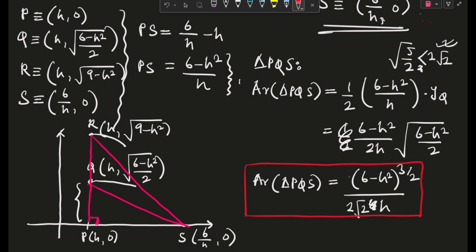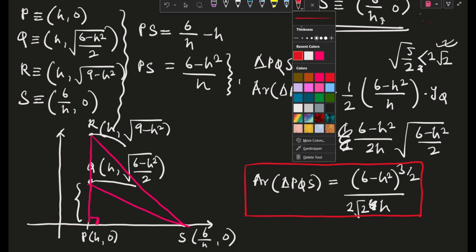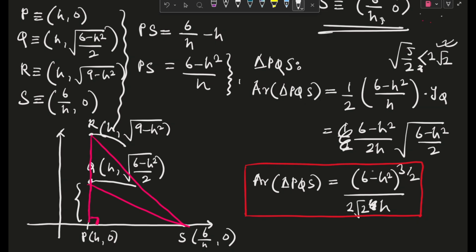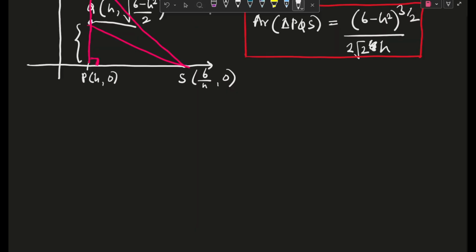Okay, job is not still done. We have to do a lot of calculation still, manipulation like maximum, minimum value. But before that, let's find out triangle PRS also. So very simply, area of triangle PRS will be equal to half into base, which is, okay, not base actually, height, (6 minus h squared) by h into yr.